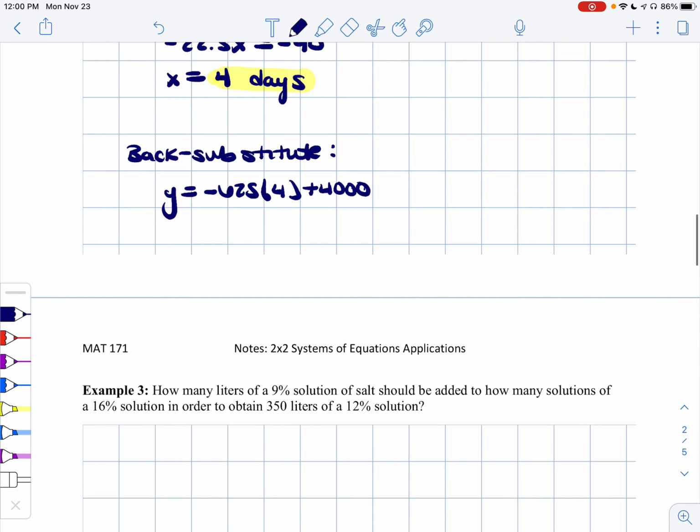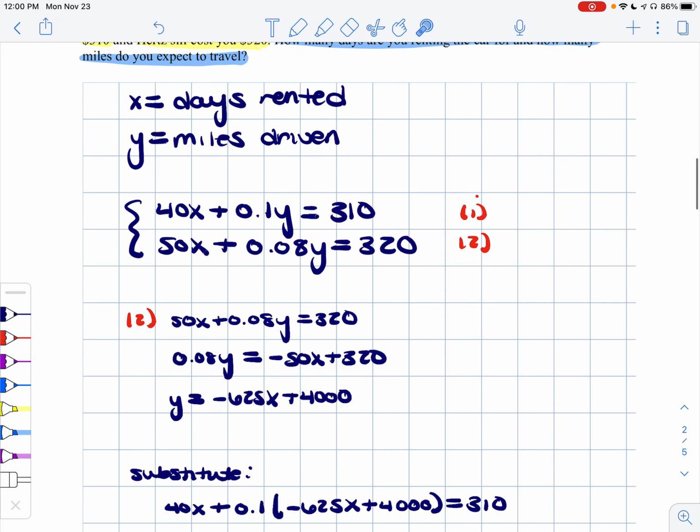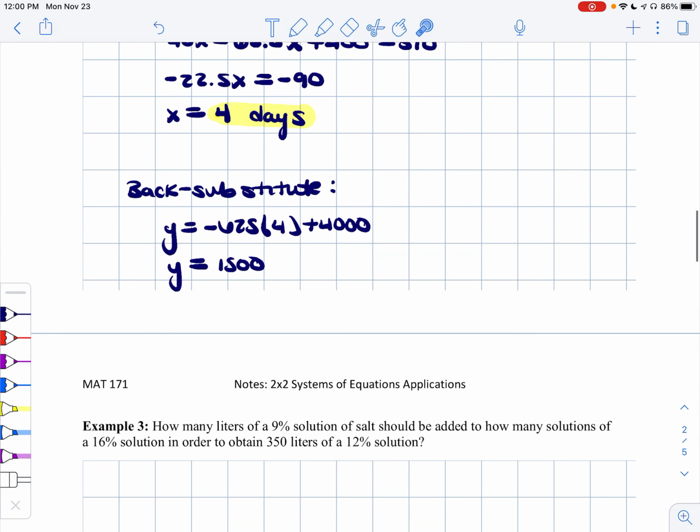And if we work that out, we end up with y is equal to 1,500. And remember, y was the miles driven. So 1,500 miles. So that is our final answer.